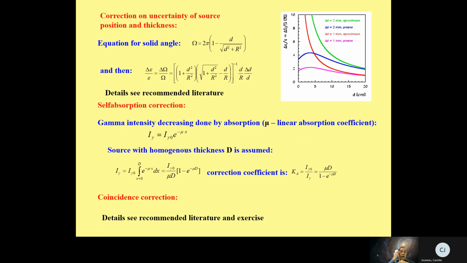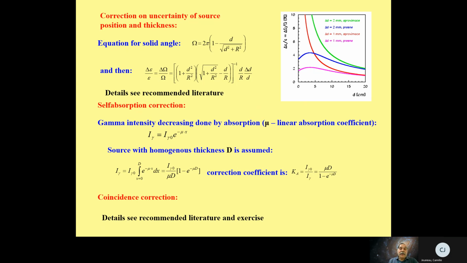You have some foil or some body which has some size, and also the accuracy of determination of the distance from source to detector is different. That means it is necessary to know the uncertainty of the source position and the thickness of this foil.